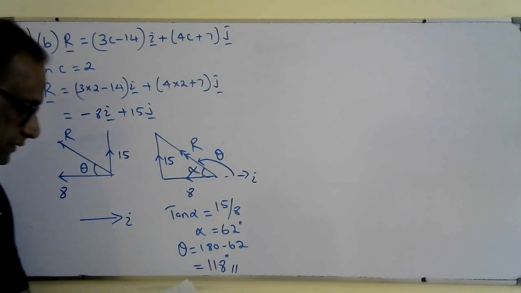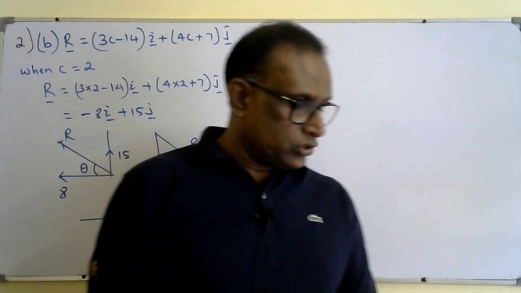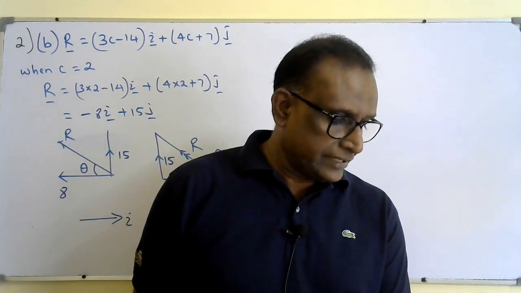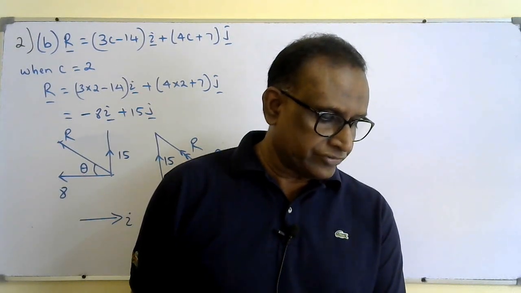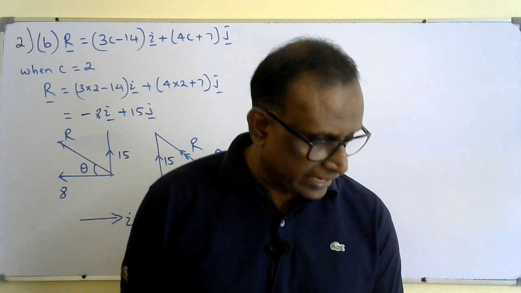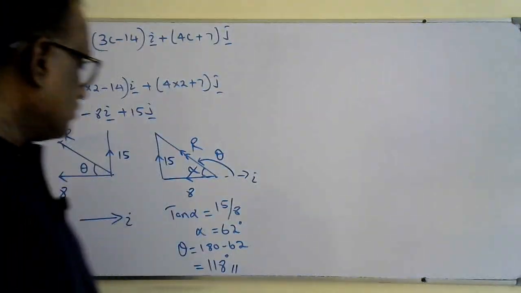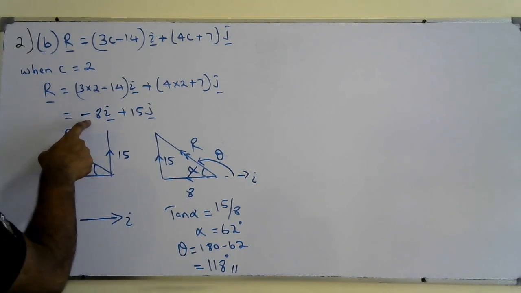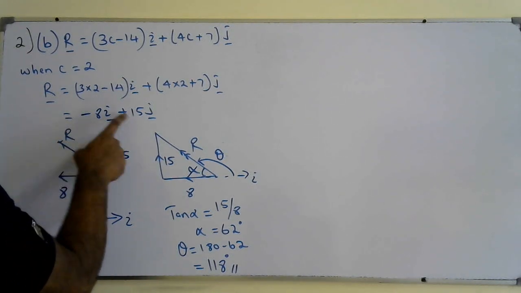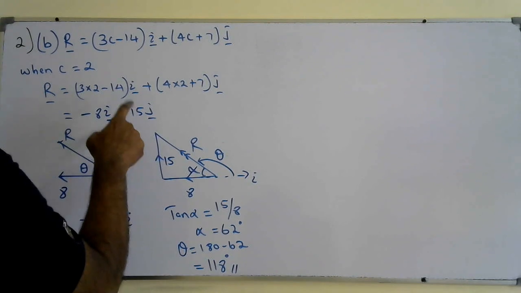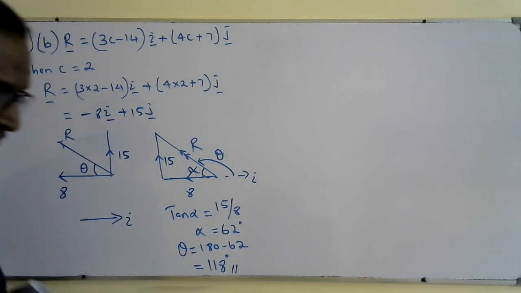Okay, so C part: mass of P is m kilograms. Given that the magnitude of acceleration is 8.5 meters per second squared, find the value of m. So we need to find the resultant force. The x component to the left is 8, and towards the y direction is 15.